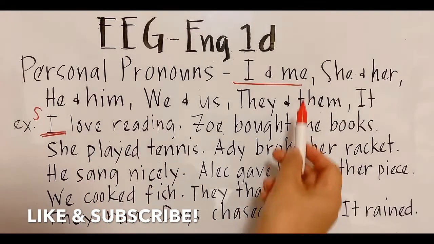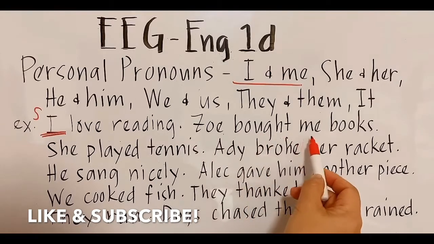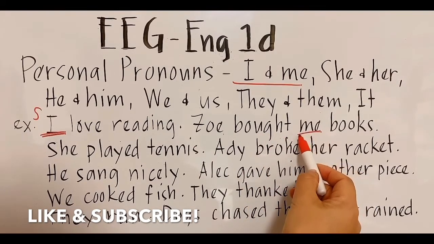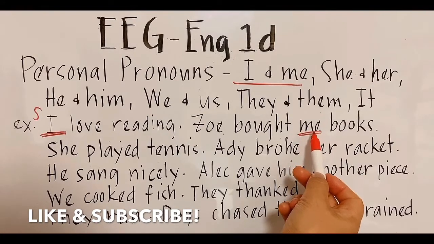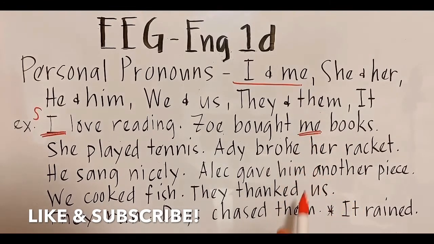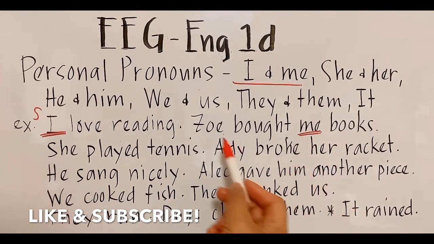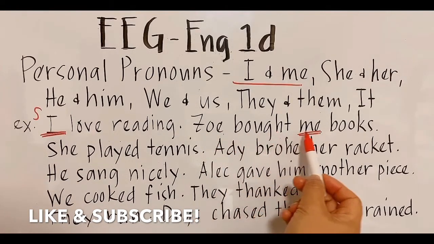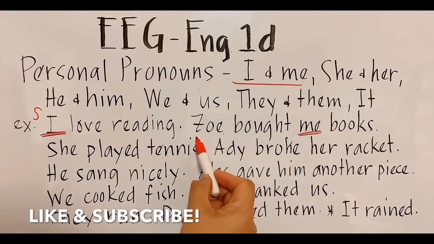And then using me, let's go to the second one. Zoe bought me. There's the me. So there's the personal pronoun me. Now what is the use of me in this sentence? Zoe bought me books. What is the subject in the sentence?